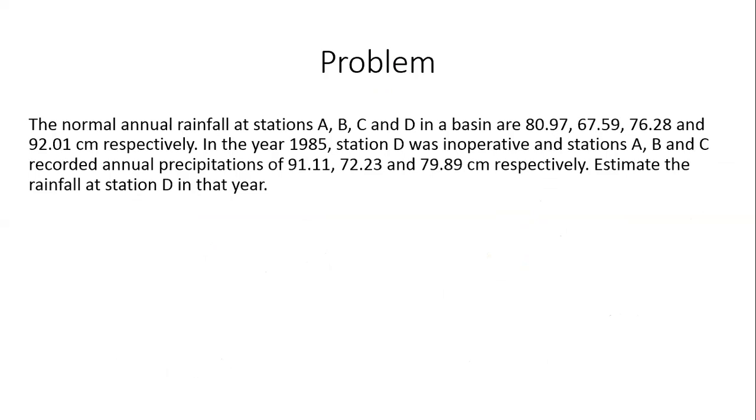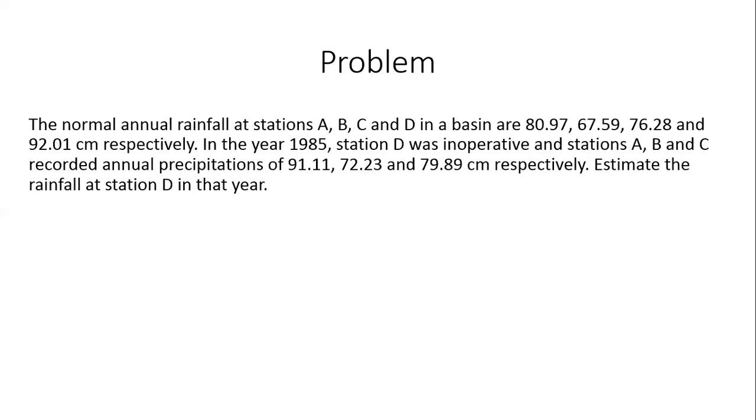Estimate the rainfall at station D in that year. Normal rainfalls at those four locations are given, and the actual rainfall at A, B, and C is given. At D, you have to find the actual rainfall for that given year.